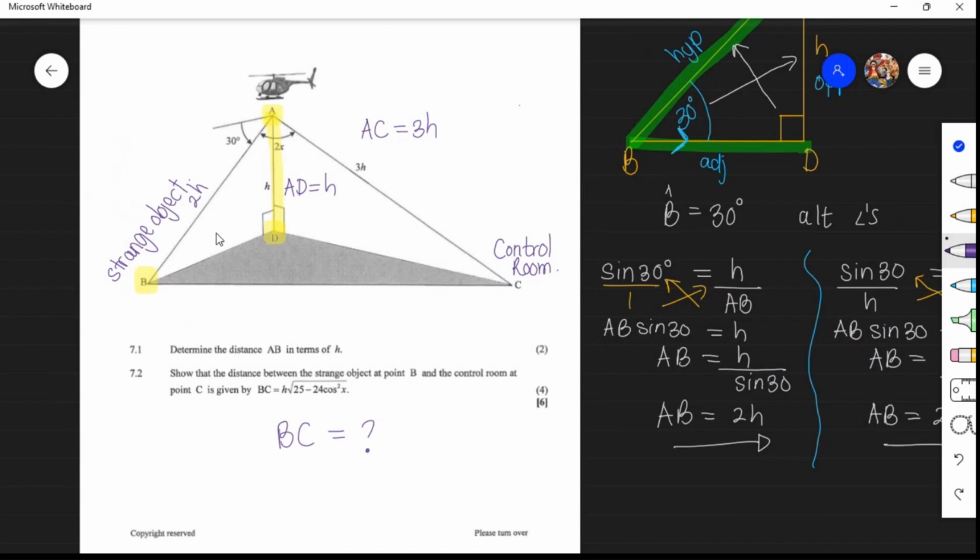So let us start by drawing our triangle, and then we can start putting in the values that we have and simplifying our formula such that it gives us what is in our question, which is BC equals h times the square root of 25 minus 24 cos squared x.